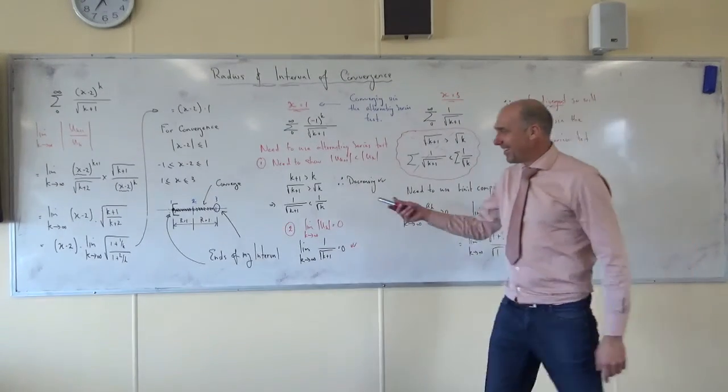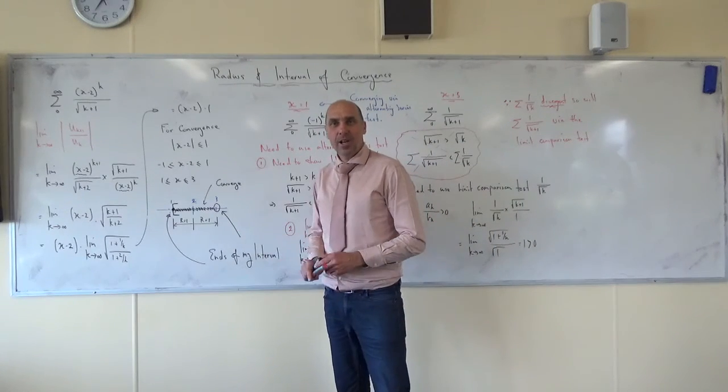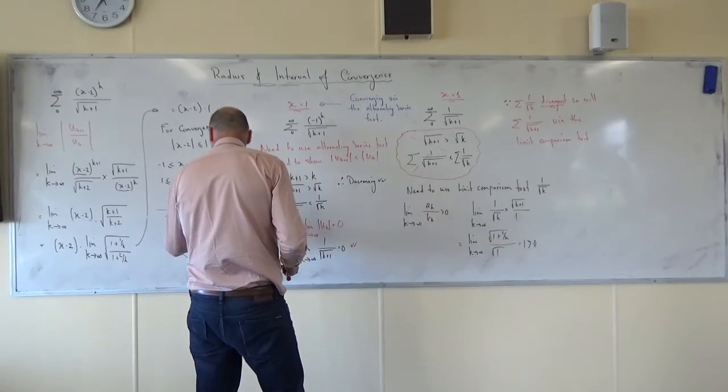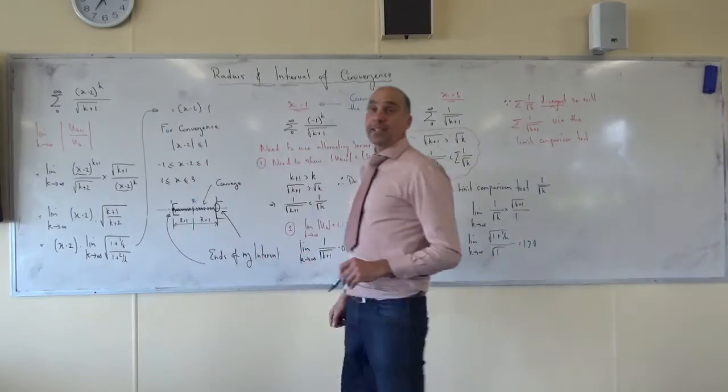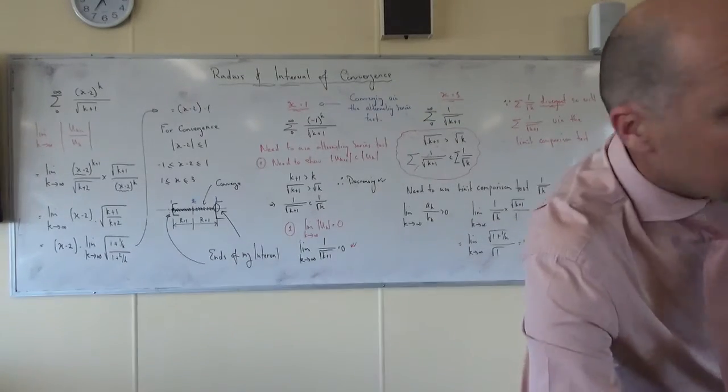So, what does that mean about this side here? So what bracket do we use? Use the reverse bracket. So, in answer to our question, what's my interval of convergence? Let's write the final statement.